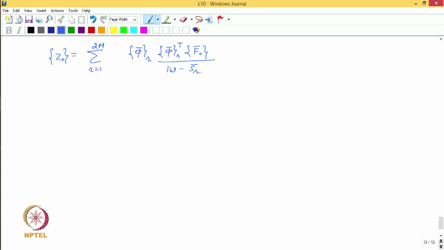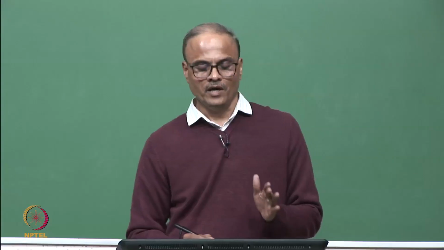We can take the vector f o bar outside, and we can also break the summation into two parts: r from 1 to n, and r from n plus 1 to 2n.